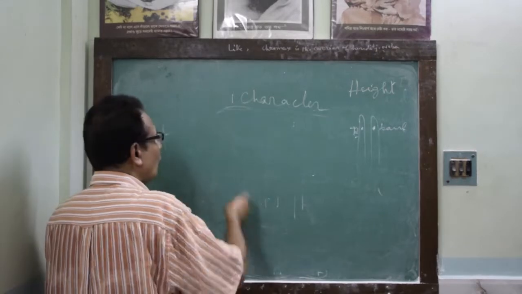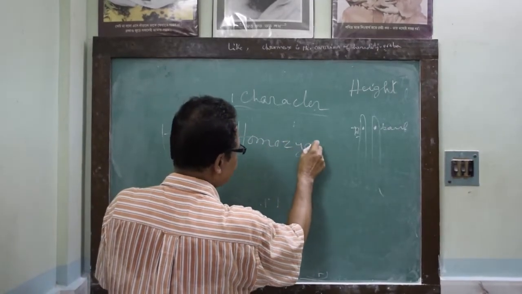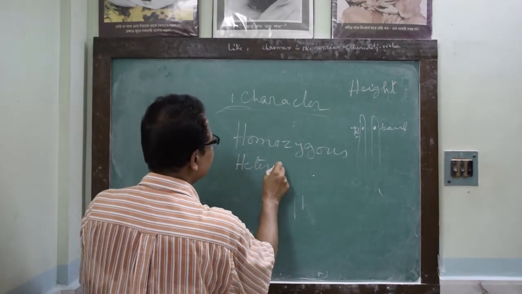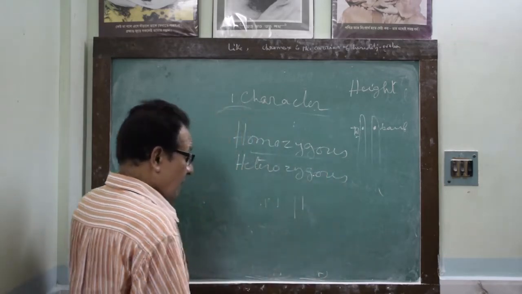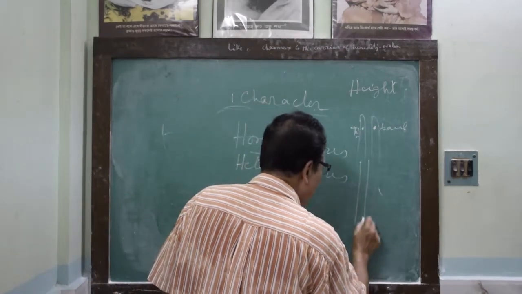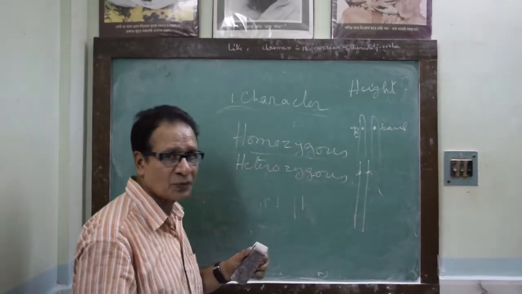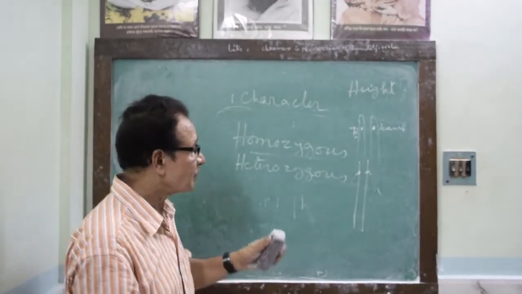Number 4. Homozygous and heterozygous. A pair of genes situated on the same locus of a homologous chromosome pair are said to be alleles to each other.